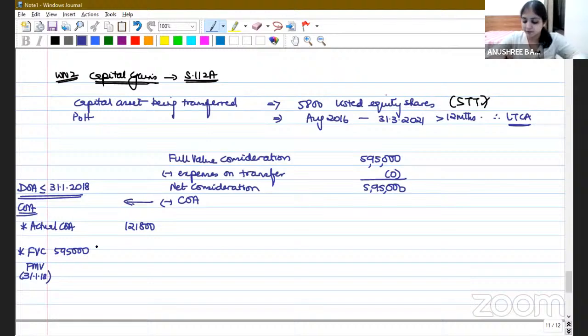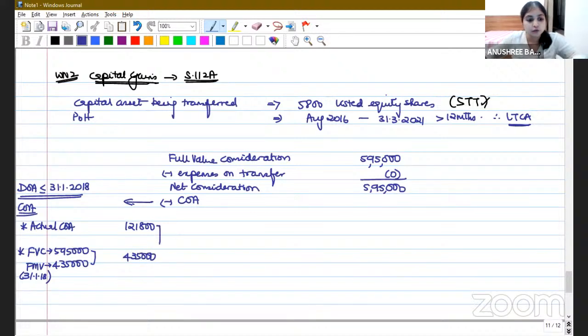So 75 rupees into how many shares are we talking about? 5,800 shares, right? So the FMV will be 4,35,000. Are we all clear? We will see the actual cost of acquisition. We will see what is the FVC number. Out of these two numbers, we will pick whichever is lower. Which is lower?